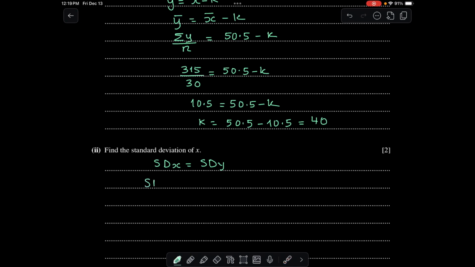So standard deviation of y is going to be equal to the square root of sum of y squared over n minus the mean of y, which is sum of y divided by n, all squared. Let us substitute what we have.